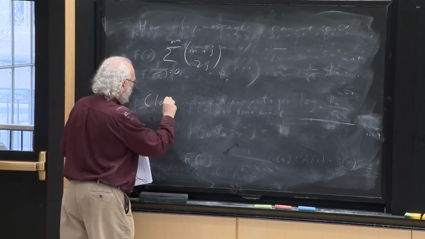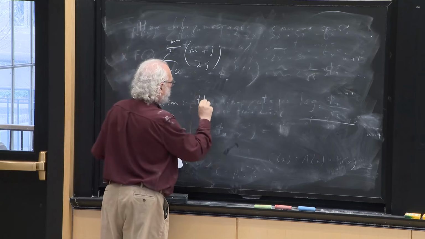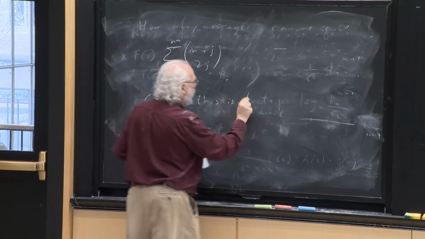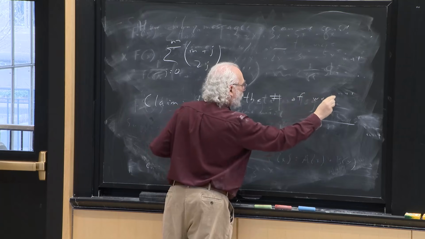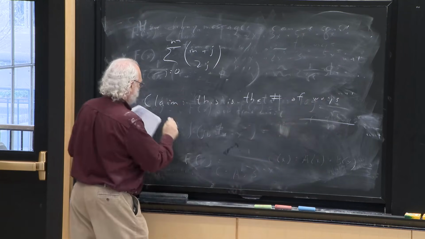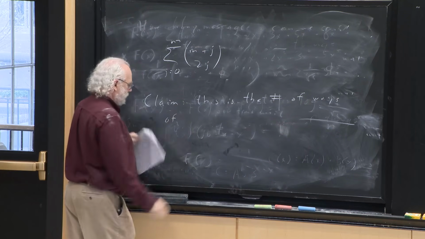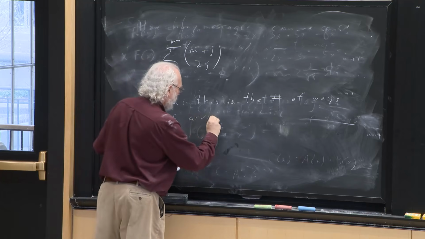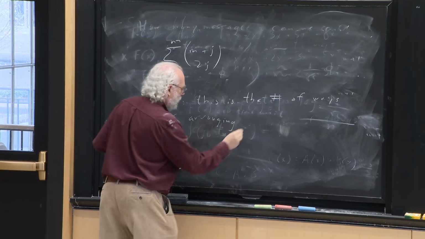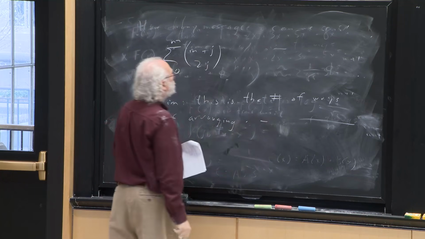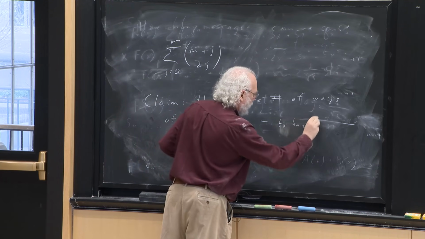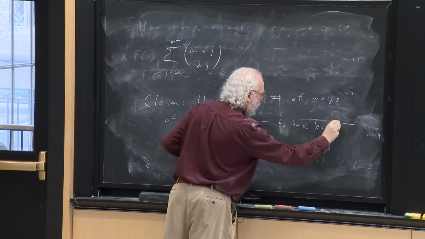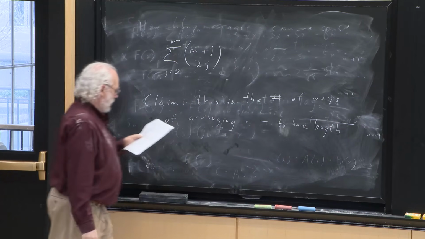Claim: this is the number of ways of arranging dots and dashes to have length m. Let's see.